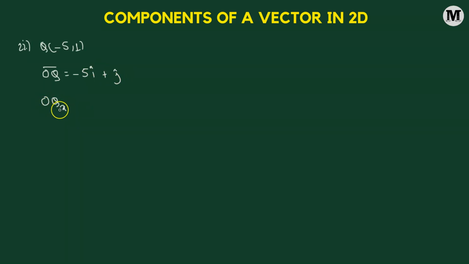That means we are only considering the magnitude of vector OQ along the x-axis, so that's going to be +5, and the magnitude of vector OQ along the y-axis is 1 unit. However, the component vector of OQ along the x-axis is given by -5 i cap, and the component vector of OQ along the y-axis is j cap.